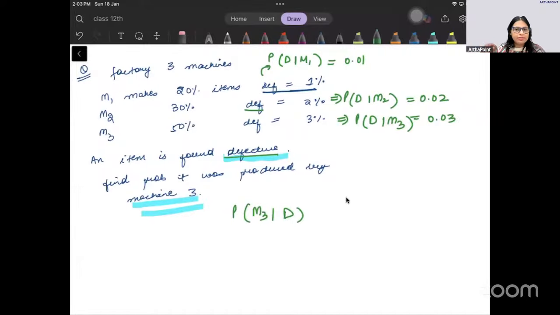I picked up an item, and it was already defective. Now we have to find the probability that it was produced by machine 3. Just put it in the formula and solve it.